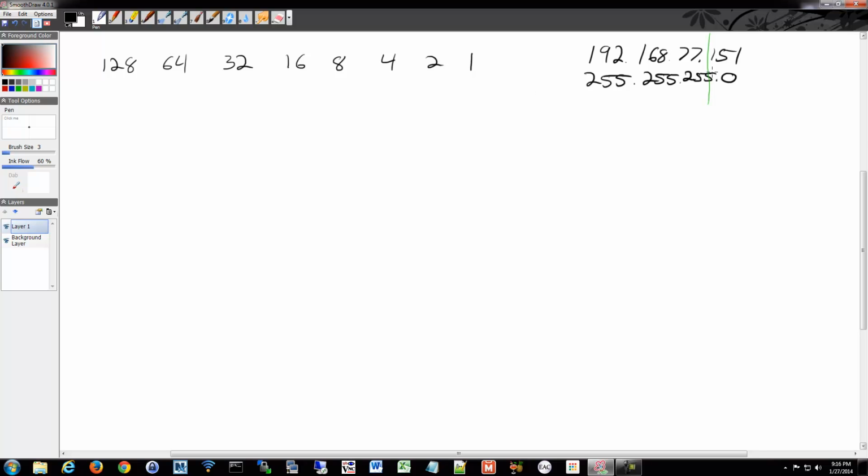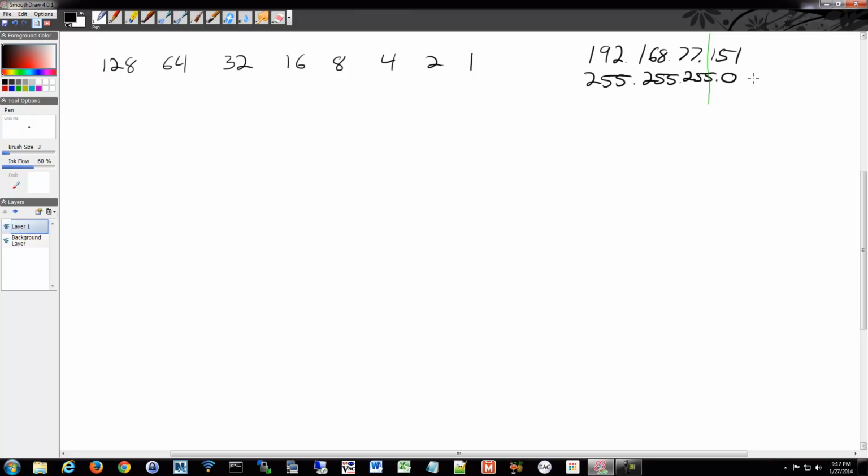So since our dividing line is here, at that fourth octet, I'm only going to write out the fourth octet here. If I were to make all of the bits in the fourth octet that I have available 0, and I have 8 bits available on my 4th octet because our subnet mask is 24 bits, remember?